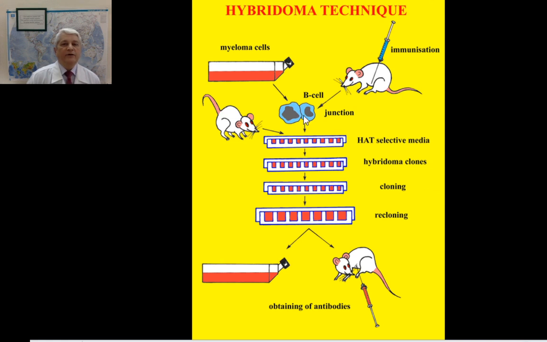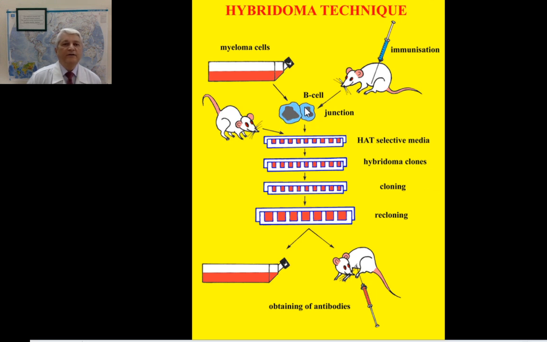Finally, as we used a lot of cells, we have many hybrids, and also some B cells which were not fused, and also some malignant tumor cells which were not fused and are still living separately.